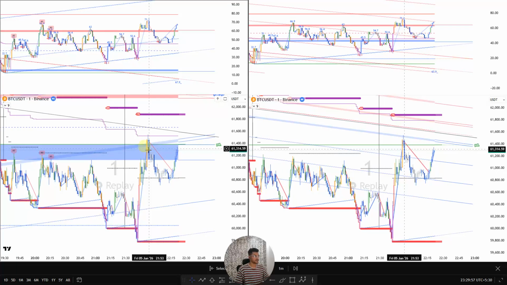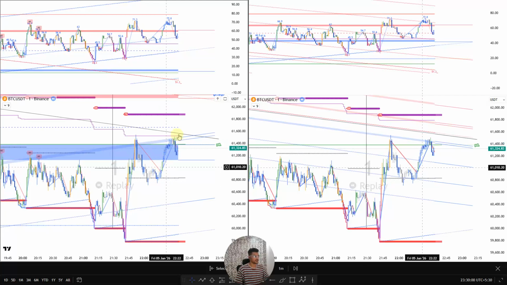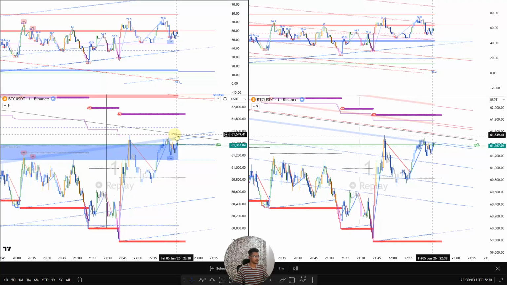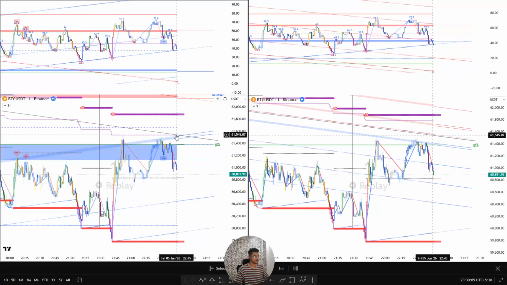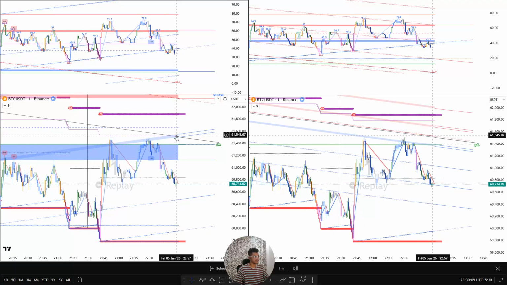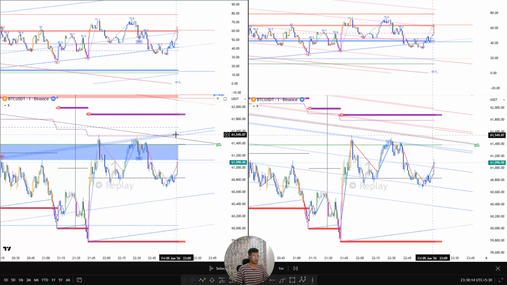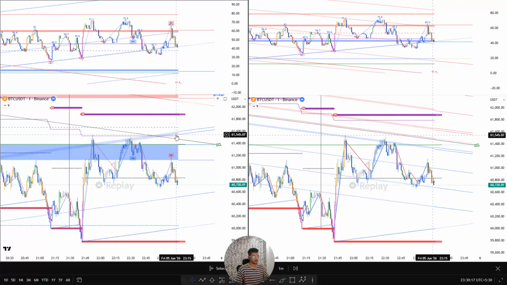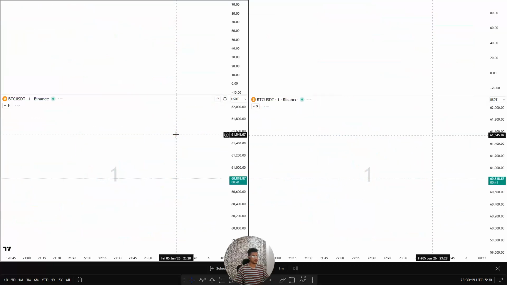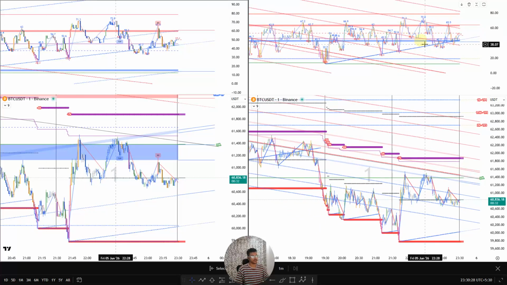It's actually making another breaking down action there. Came down, pulled back here, boom. So here we are. Resistance got hit, resistance got hit, resistance got hit. That's what's keeping this market in this trend, okay?